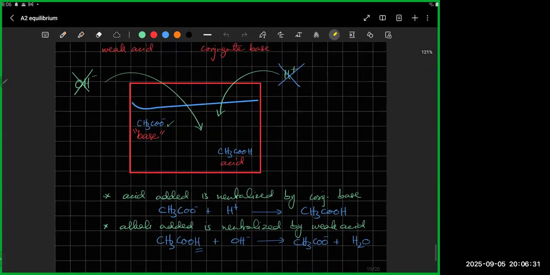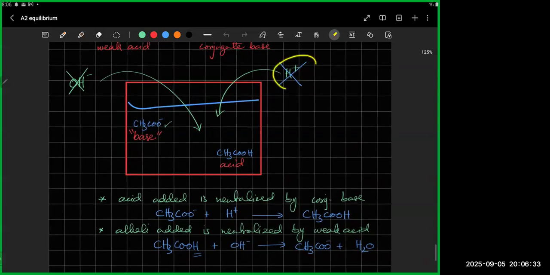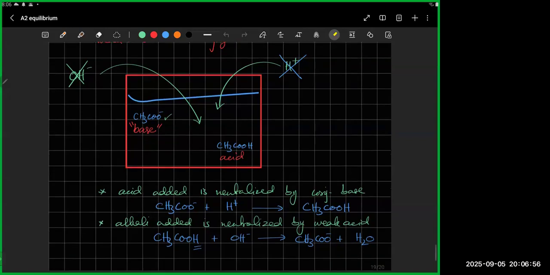The equation was also written here. Even if you try to add some H plus 1 ions, they will be accepted by the conjugate base and get neutralized. They're going to get used up, so you will not be able to increase the concentration of H plus 1 ions.